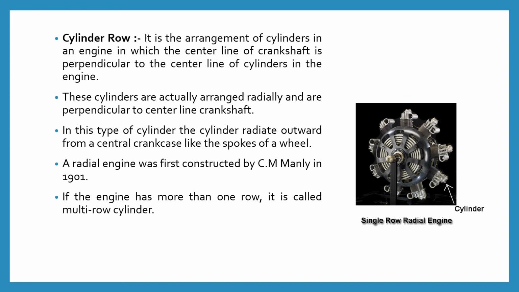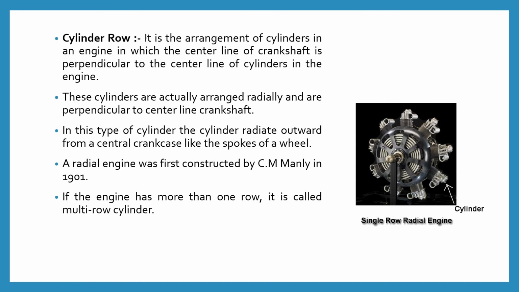Next is the cylinder row, an arrangement of cylinders in which the center line of the crankshaft journal is perpendicular to the plane containing the center line of the engine cylinders.